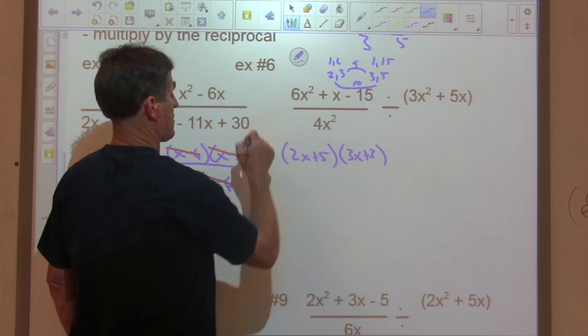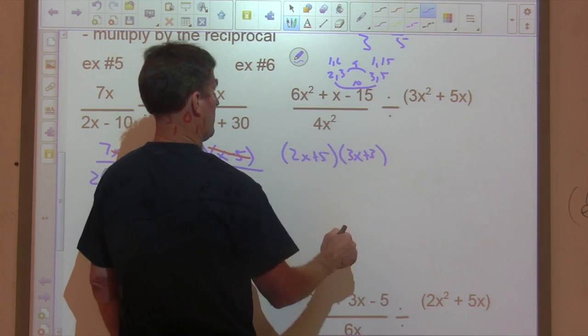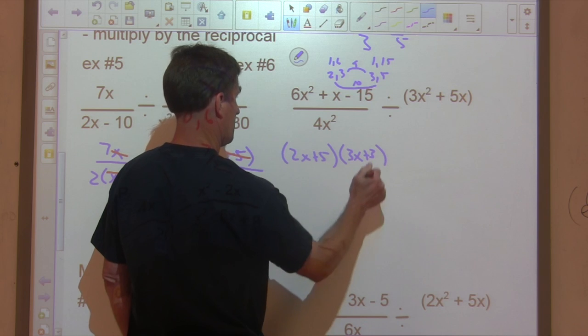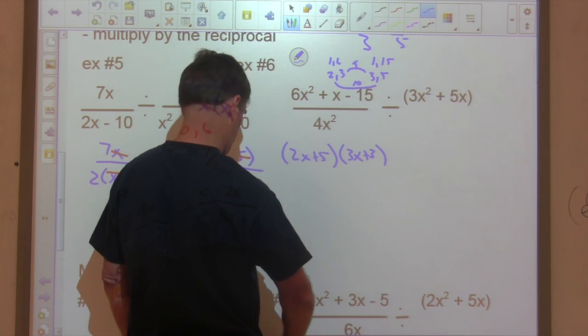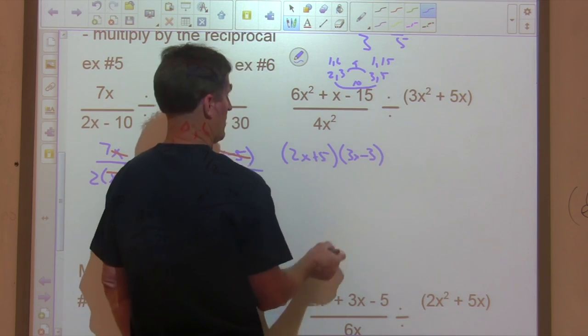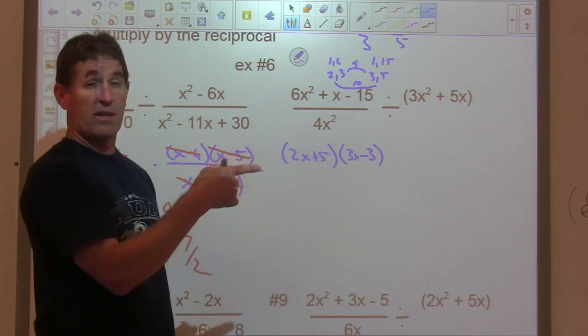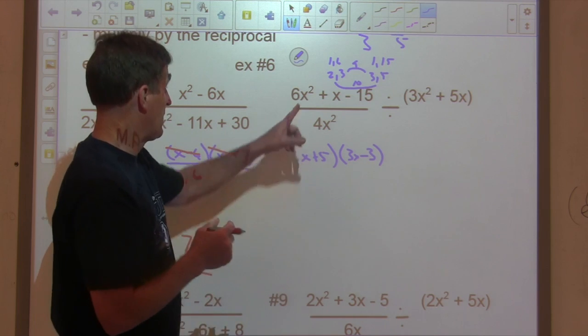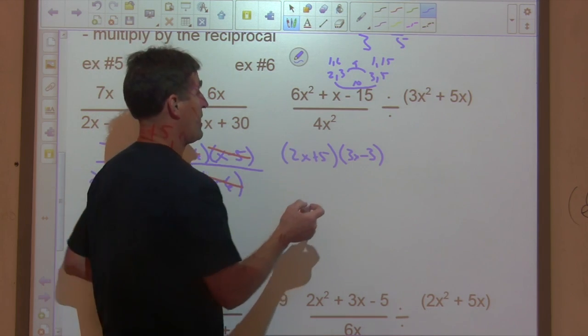Just check that. 6x squared, yes. Excuse me, that would be minus 3. Now, you guys would be doing the x method on that, and then you would have to do the box because that's not a 1, so you have to remember that.